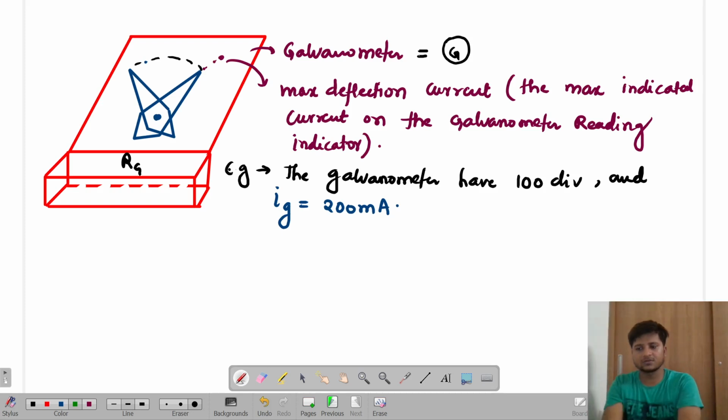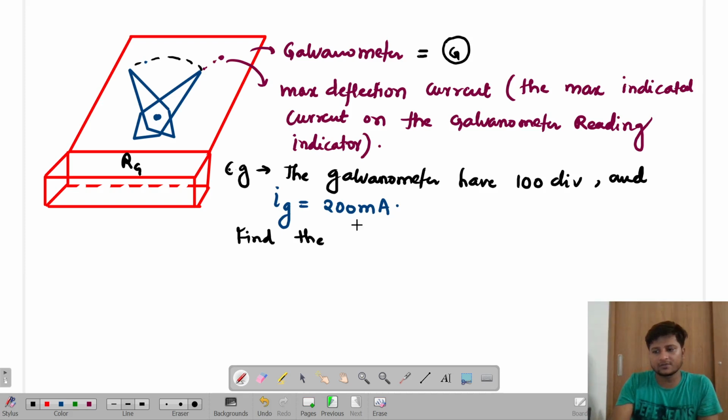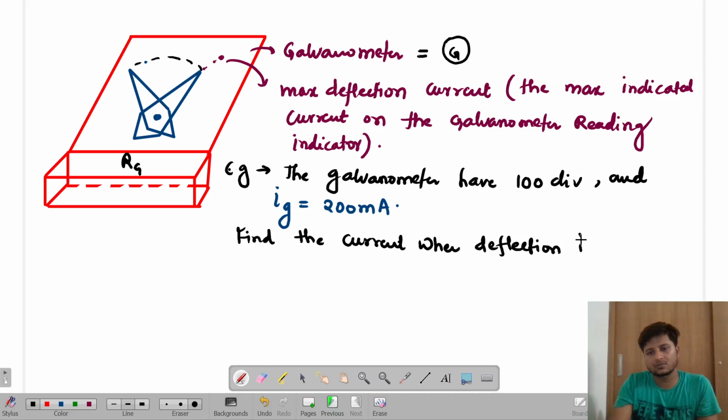So let's suppose someone asks you to find the current when deflection is 25 divisions in the same galvanometer.